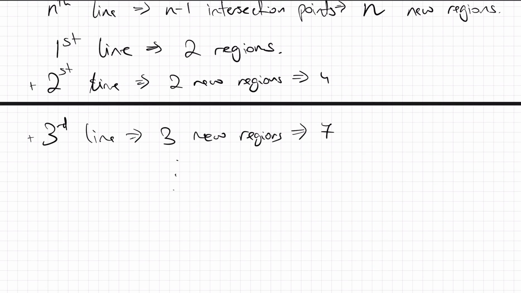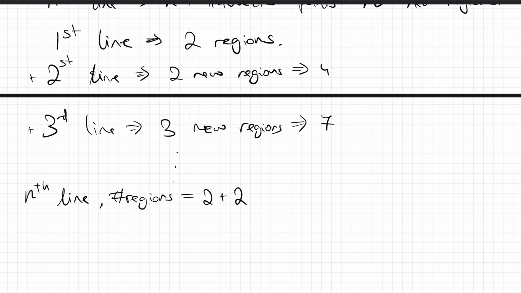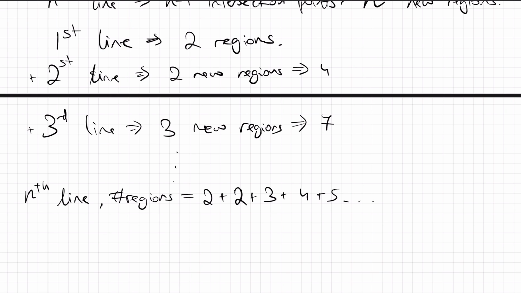And hopefully you can see the pattern that's starting to form. So for the nth line, the number of regions is going to be equal to, well, we start with 2, then we add 2 for the second line, add 3 for the third line, add 4 for the fourth line, add 5 for the fifth line, and so on till we get to n.